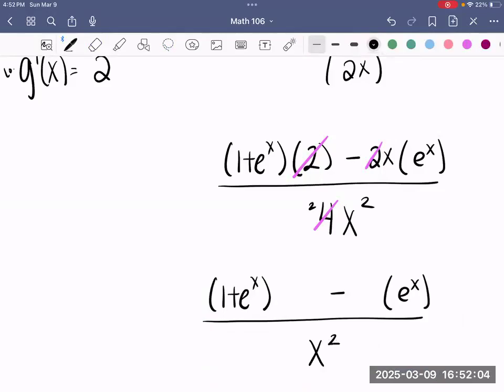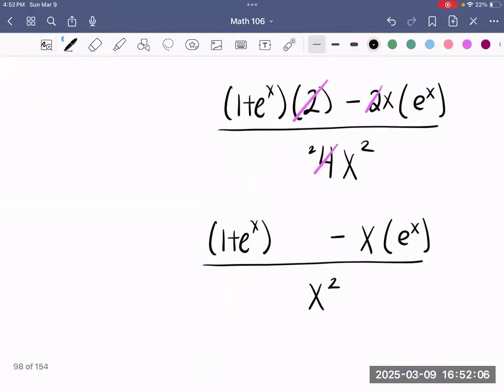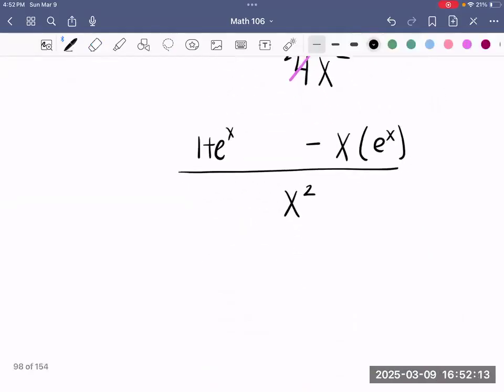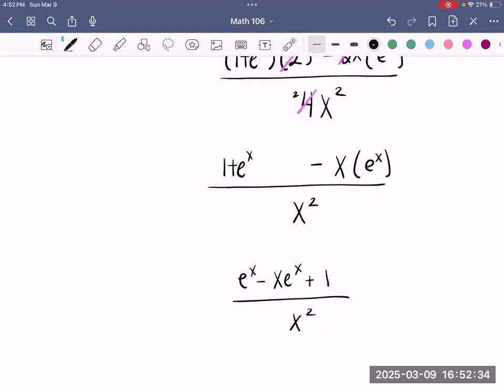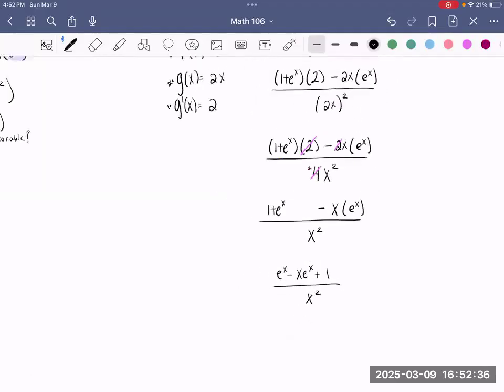An x squared, that's there, that's an x. And then you'll notice that you can drop this portion off because we no longer need that parentheses. So we have e to the x times x minus 1 plus e to the x, over x squared. And that would be your final answer.